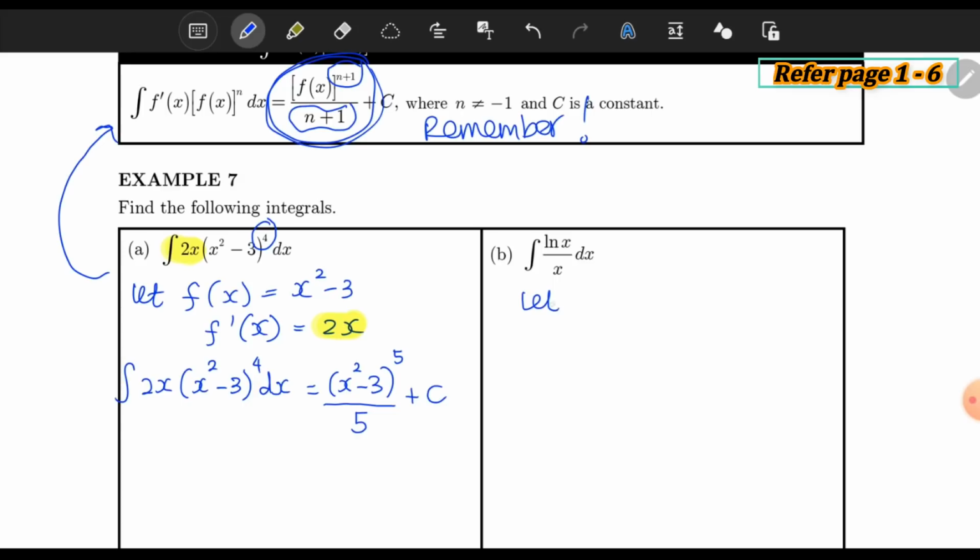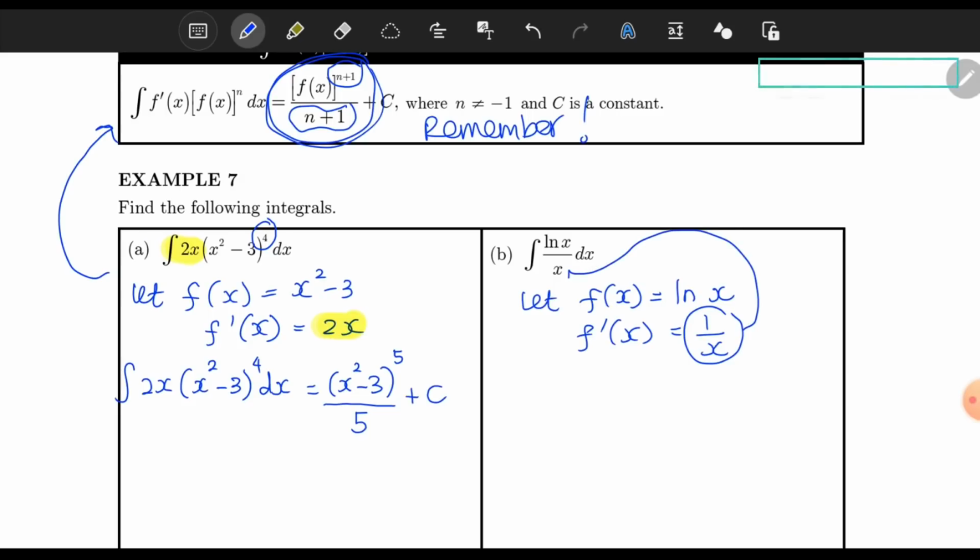And next question, we have ln x divided by x. So we let f(x) equal to ln x. And f prime x is 1 over x. So 1 over x here is the same as the remaining function.